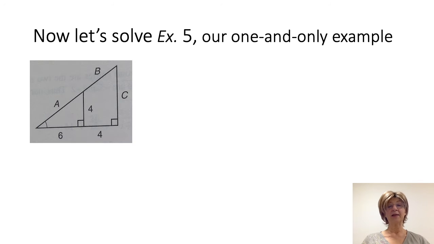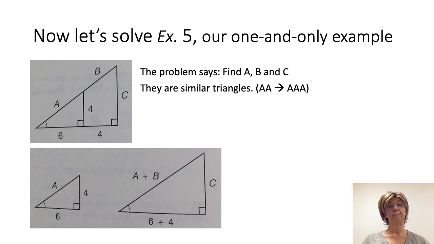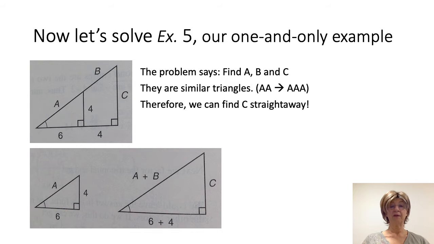Now let's solve example 5, our one and only example. The problem says find A, B, and C. They are similar triangles by AA goes to AAA. Therefore, we can find C straight away. We set up a proportion.